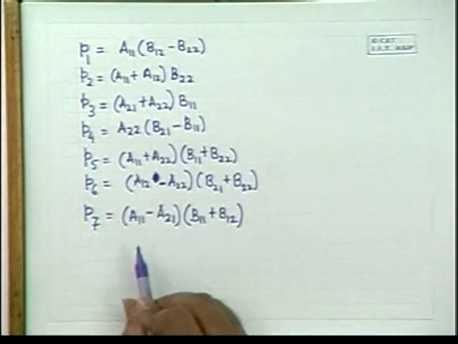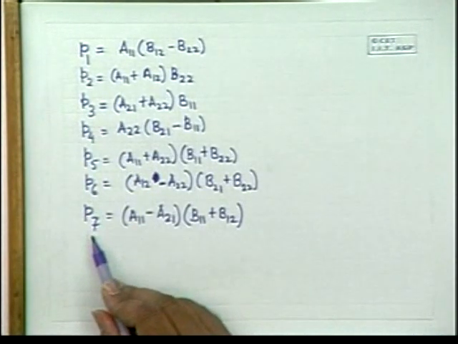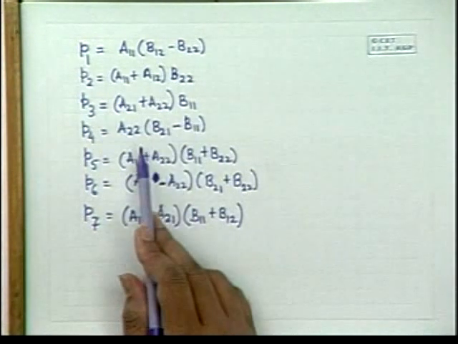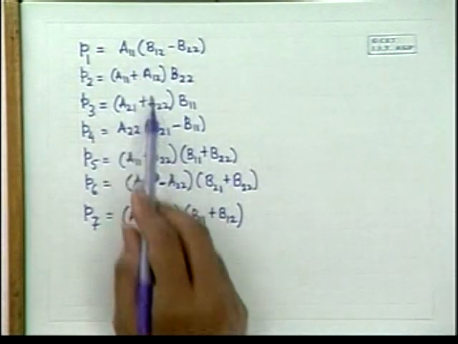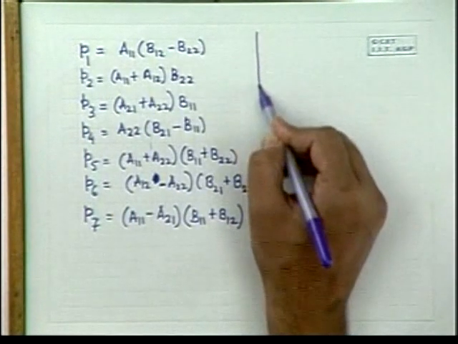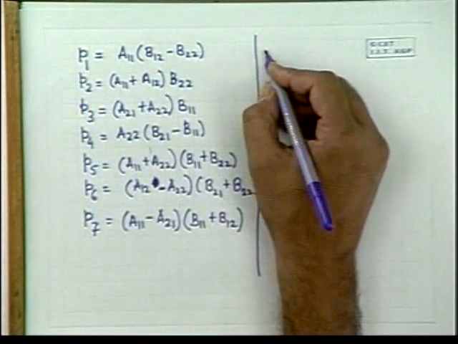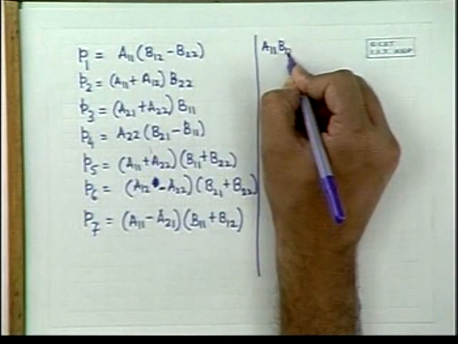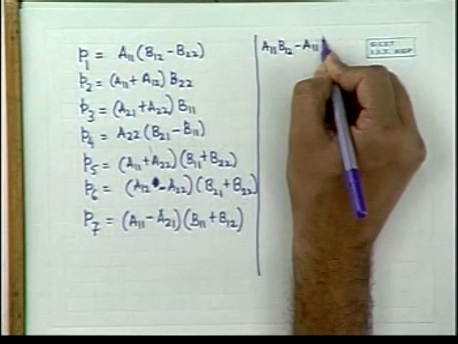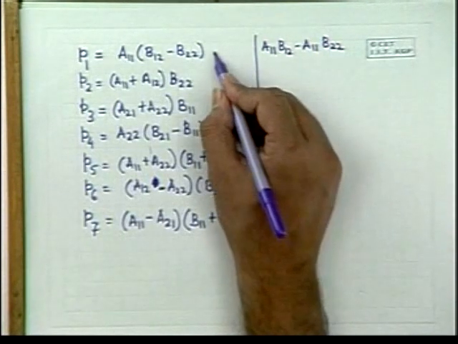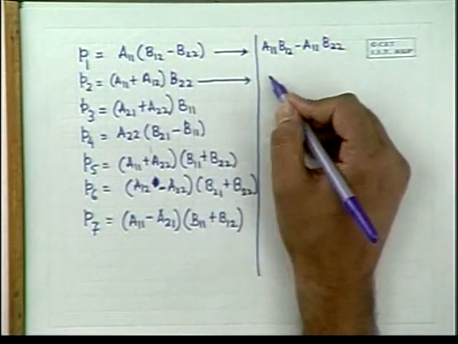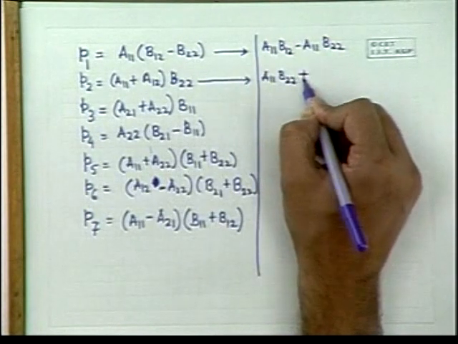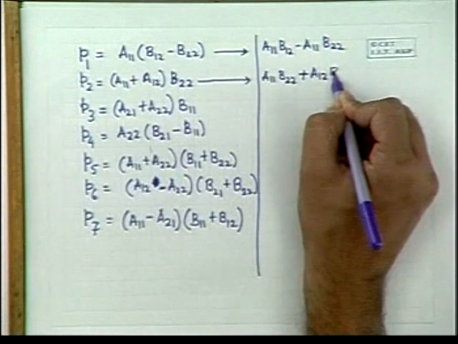So I have just defined 7 quantities. They are defined over matrix multiplication and additions, but each matrix is of dimension n by 2 by n by 2. And if I just see what these quantities are, P1 is A11 B12 minus A11 B22. P2 gives you A11 B22 plus A12 B22.